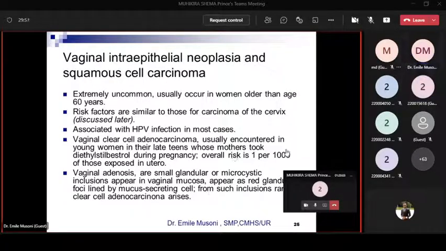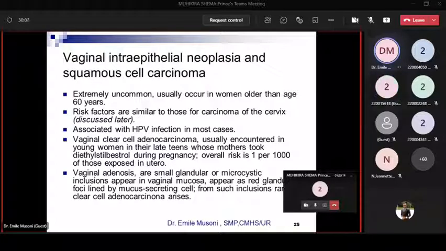HPV is not only for females. Even in males, you have seen some cases of squamous carcinoma of the penis due to HPV. Meaning that once you find HPV in the family, you have to treat the couple, woman and husband, because males are also at high risk of getting HPV infection.